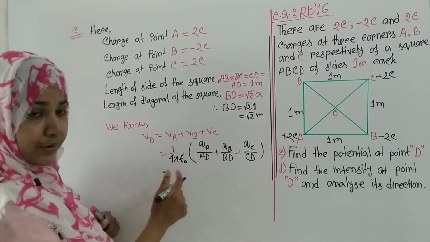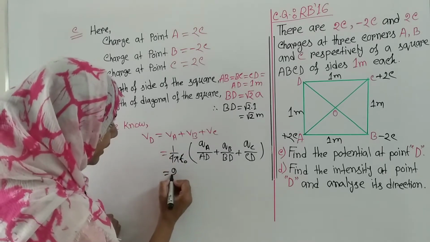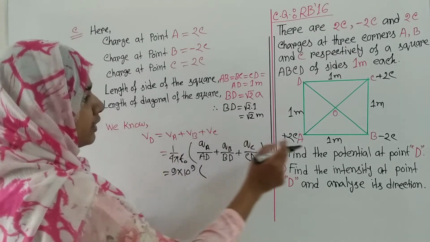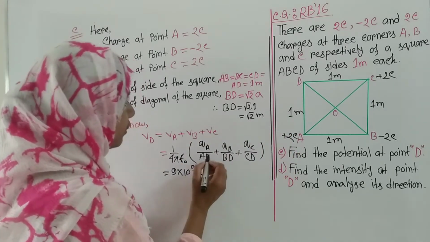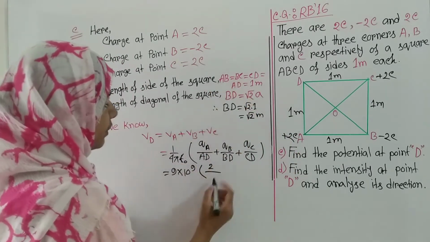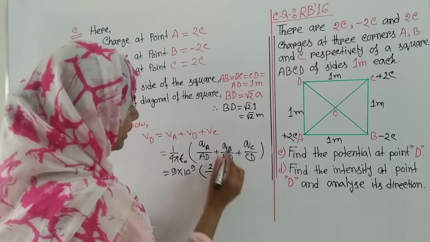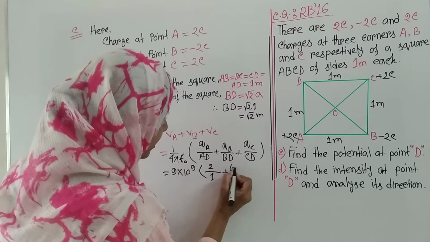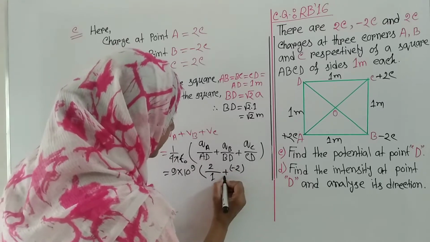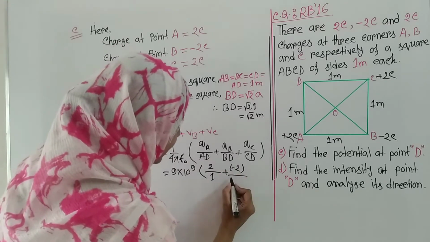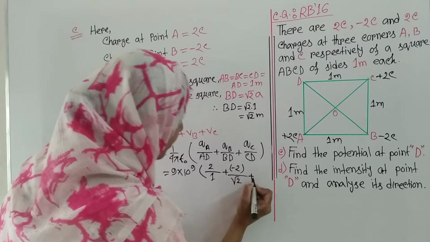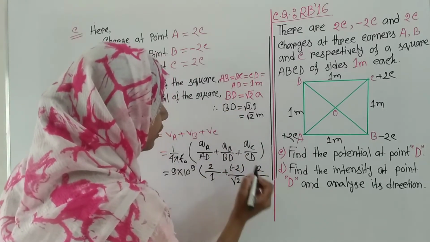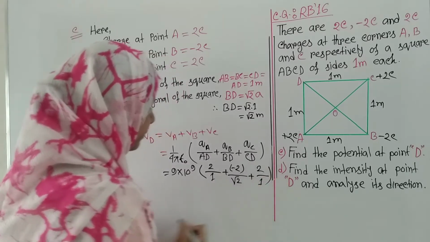You know that the value of 1 divided by 4 pi epsilon naught is 9 into 10 to the power 9. QA is plus 2 and the value of AD is 1 meter, plus QB is minus 2 coulomb, so minus 2 divided by the value of BD, root over 2, plus QC is 2 and the value of CD is 1 meter.